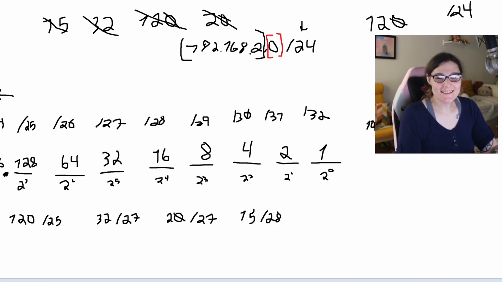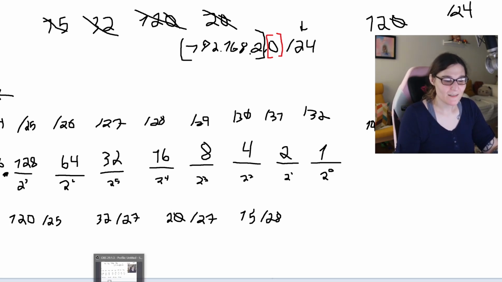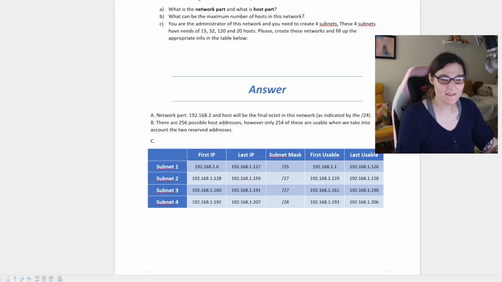The next question that he asks us to do is what is the maximum number of IP addresses that we can allocate there. So that's going to be this number here, right? Because he's asked us to allocate a subnet of 120 addresses.